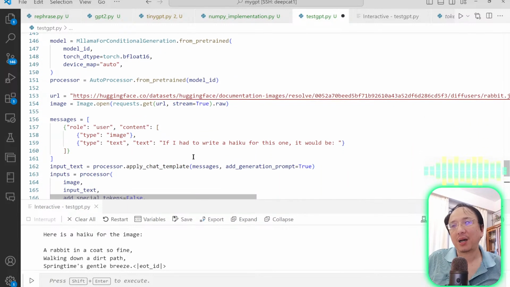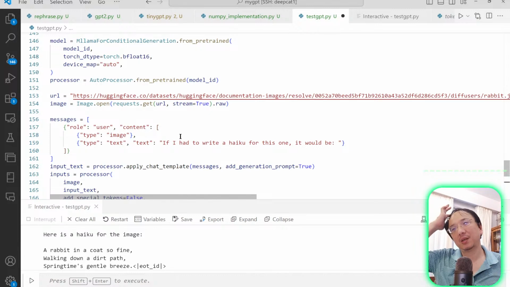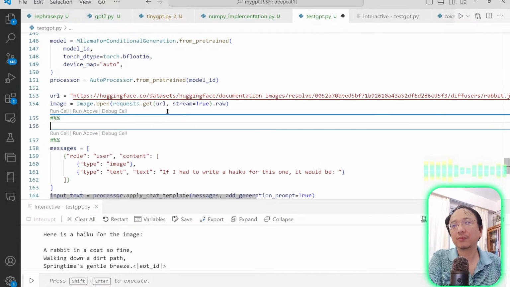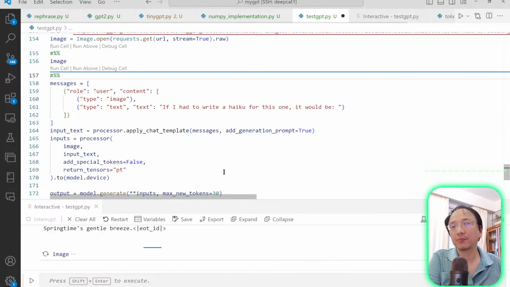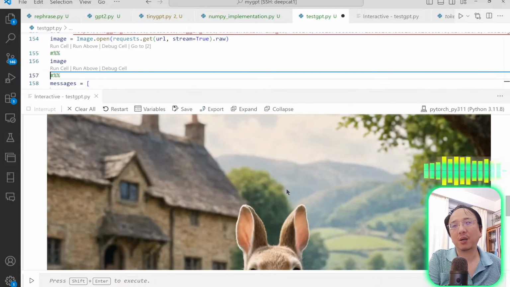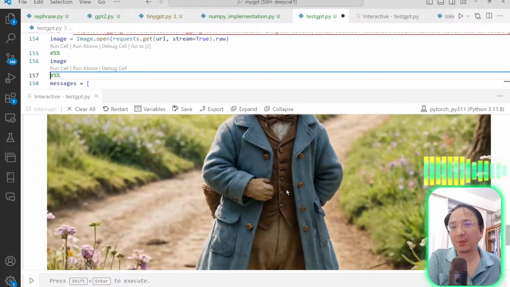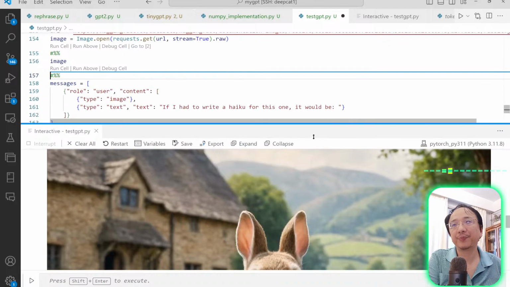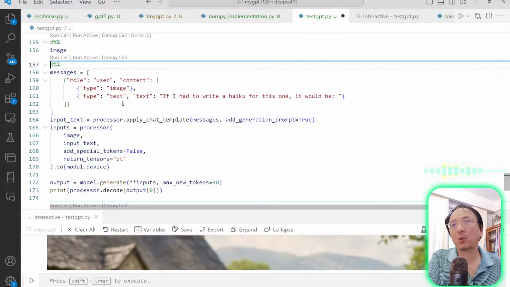You can see that right here, we are using an image that we download right here. Let's see what this image is. Okay, so here is an image that we are using. It is Peter Rabbit. And you can see that we are asking the AI, if I had to write a haiku for this one, it would be about this image.